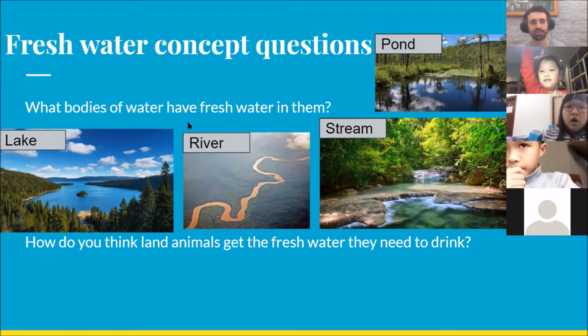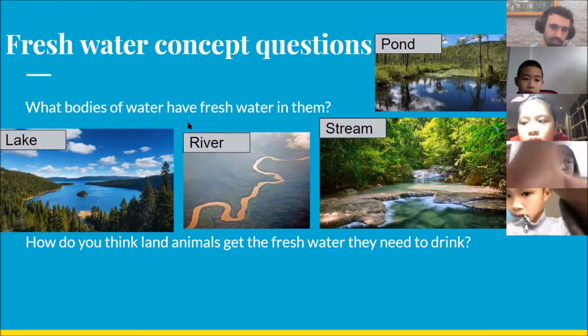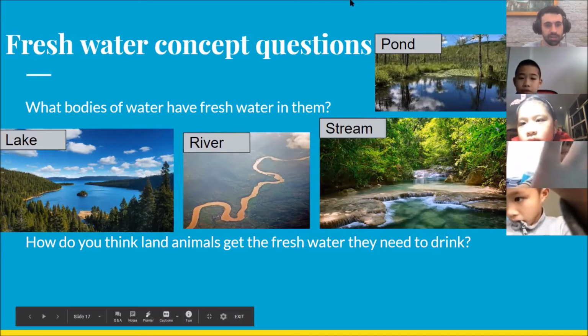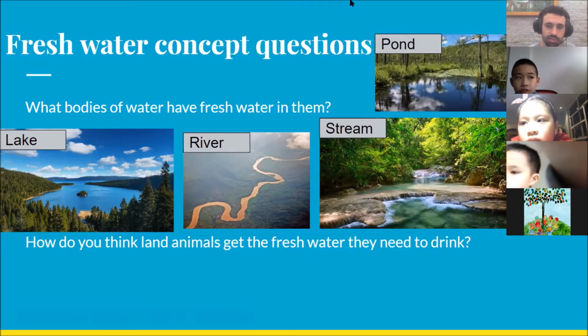How do you think land animals get fresh water they need to drink? They come to a lake, a river, a stream, or a pond. Yeah. But the most safe is a stream because it doesn't have a lot of bacteria. A river can have salt anytime because it leads out to the ocean. Yeah.